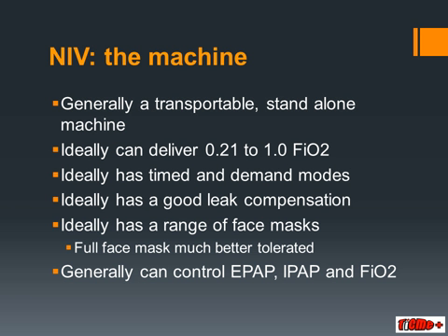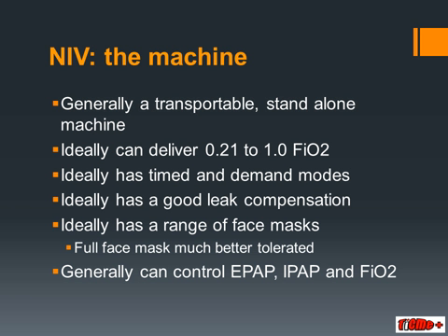If you were going to design a machine for non-invasive ventilation, you would like it to be transportable, standalone, with battery backup, and reliable. Ideally, you'd like to be able to deliver anything from room air up to 100% oxygen. You'd like it to have timed and demand modes, although in general we only use the demand modes. You'd like it to have fantastic leak compensation.